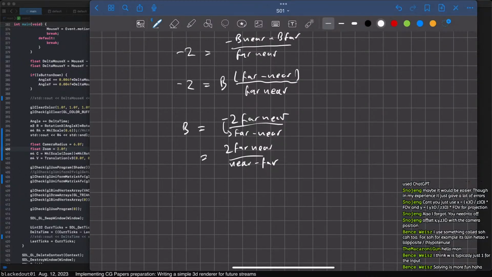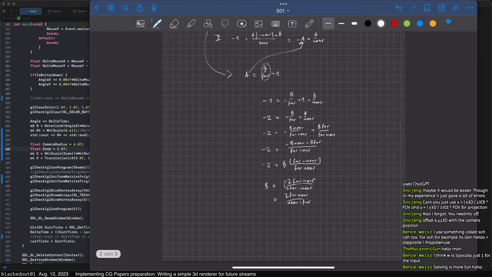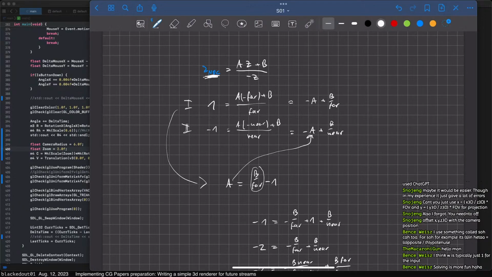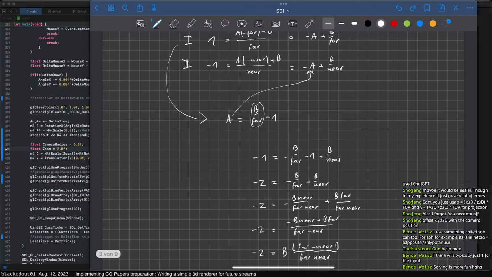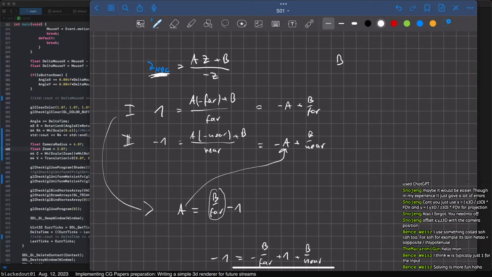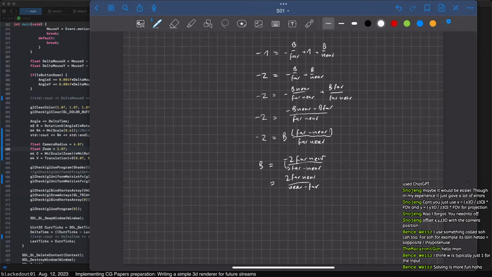Another painful part now is to reinsert this into the equation for a, or basically just now solve for a. So b, let's write this down here.